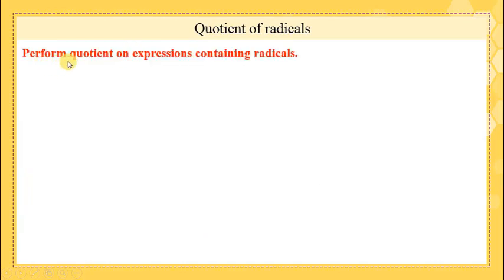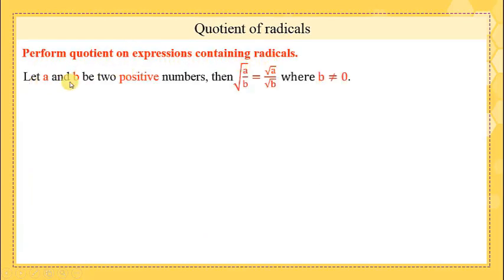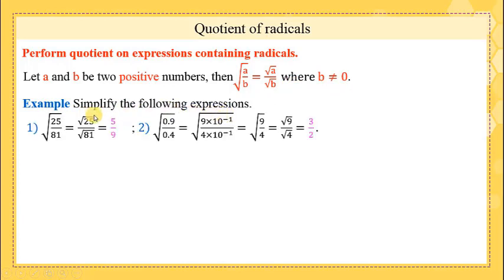Quotients of radicals. Perform quotient on expressions containing radicals. Let A and B be two positive numbers. Then radical A over B is equal to radical A over radical B, where B doesn't equal 0. Example, simplify the following expressions.